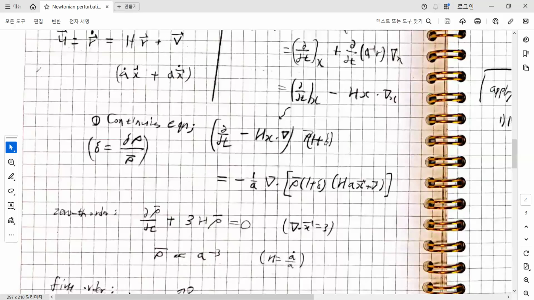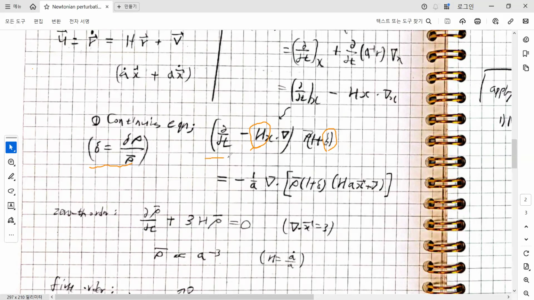This gives additional terms which include the expanding universe in terms of the Hubble parameter here. And here delta is again delta rho over rho bar, the density perturbation quantity. So that was the continuity equation.